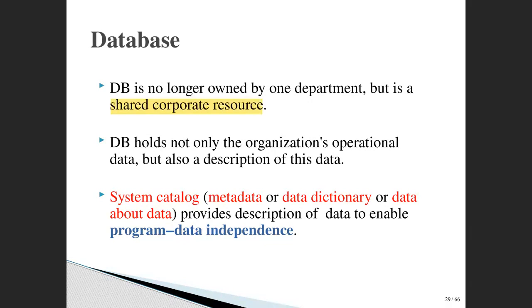It holds not only the operational data, as we said, it also holds the description of this data. And the description of the data can be stored in something we call the system catalog. What is the system catalog? Alternatively, we can call it metadata or data dictionary.